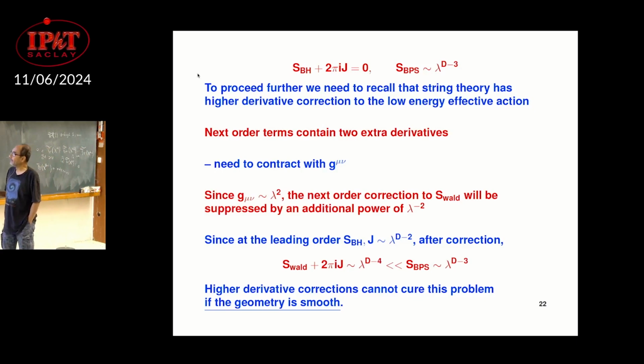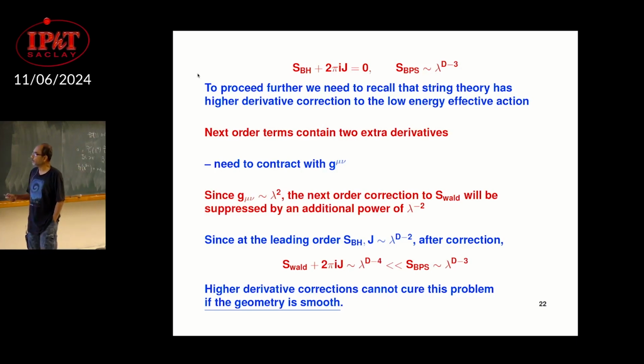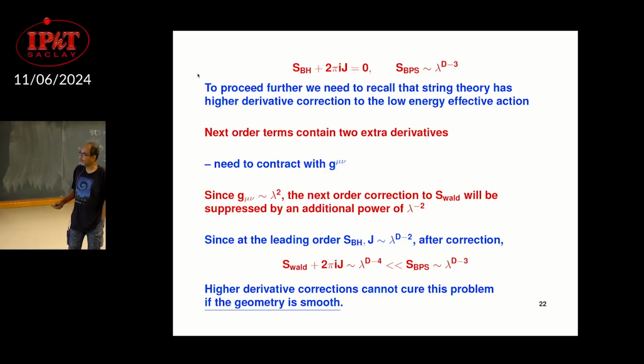To proceed further, we need to recall that string theory has derivative corrections, of course, to the low energy effective action. The next order terms will contain 2 extra derivatives. Those 2 extra derivatives will have to contract with the inverse metric. Because the metric scales as lambda squared, contracting the 2 extra derivatives with the inverse metric gives an additional suppression of lambda to the minus 2.